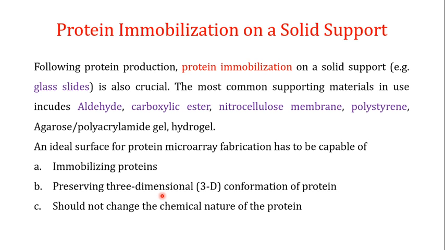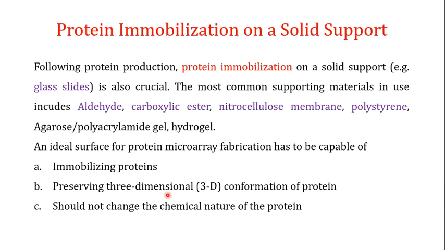So if you are not preserving the 3D structure of the protein by immobilizing them on the solid support, that means this immobilization will be of no use in the experiments. So the first thing an ideal surface should do is immobilize the protein, and it should also preserve the three-dimensional conformation of the protein.